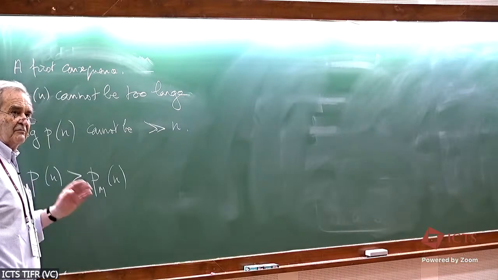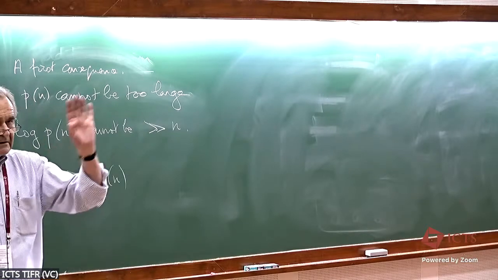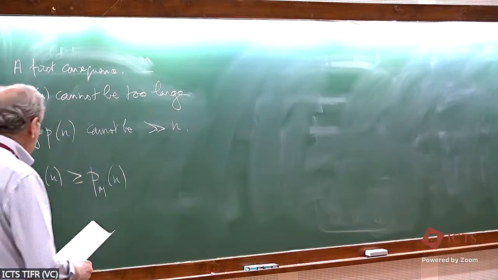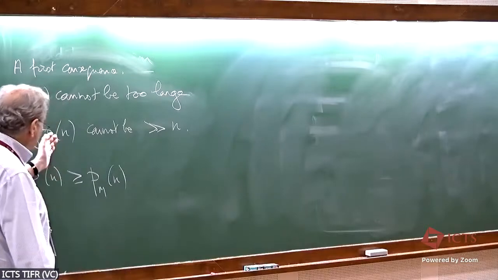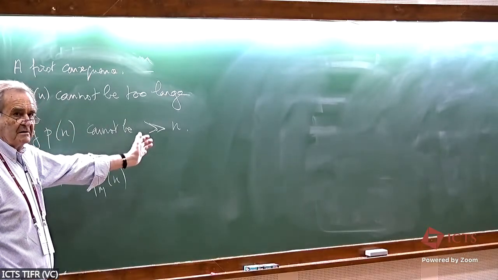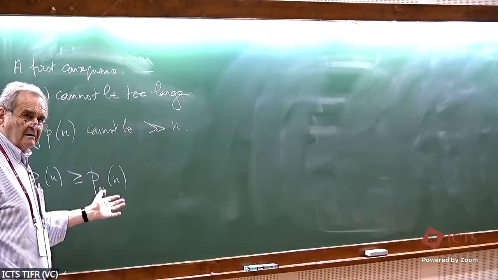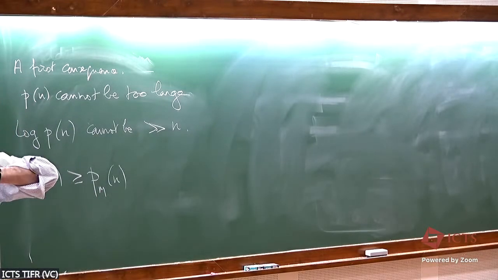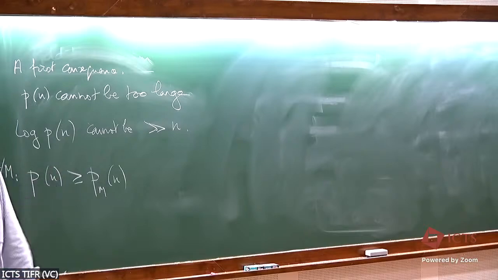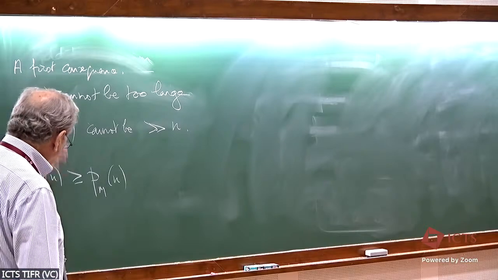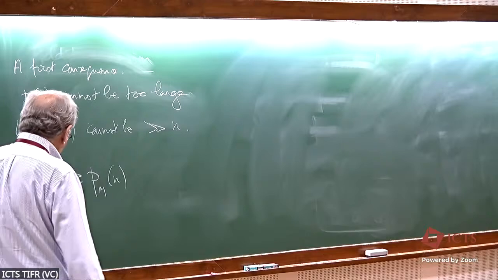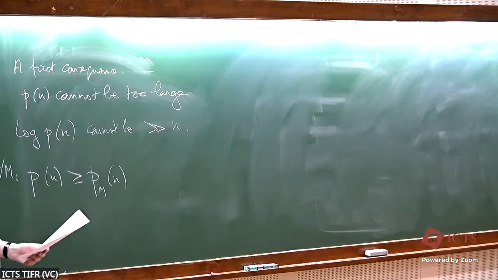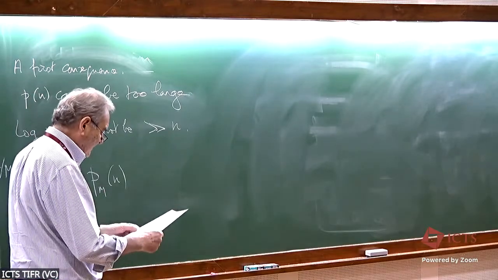So Pn is tending to infinity quicker than any polynomial. So it is in some way sub-exponential, but quicker than a polynomial. You have a large margin in between. So we try to understand a bit better what we can say about log of Pn or about Pn or something of the kind.